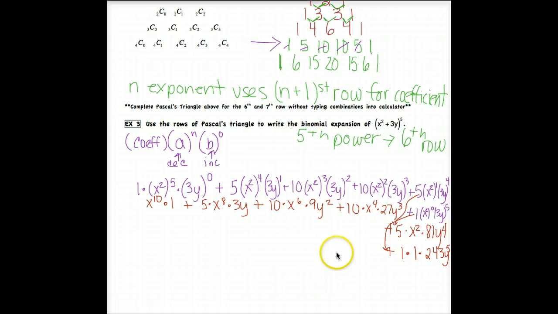So now I need to simplify again. So I've got x to the 10th plus 15 x to the 8th y plus 90 x to the 6th y squared.